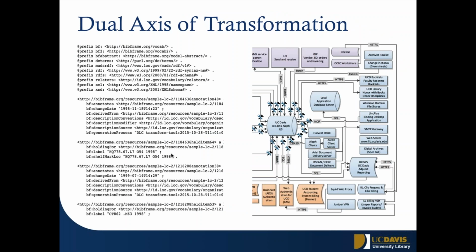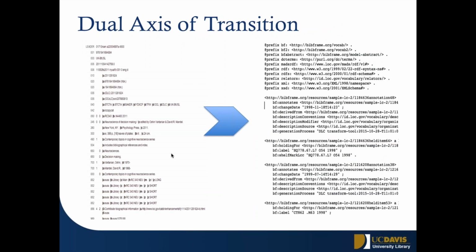So I'm going to talk about this on two levels. One is what I call a dual axis of transformation, and that is transforming our data itself over as well as the human and machine systems that we use to deal with data, because both of those things have to be changing. And related to that is a dual axis of transition.